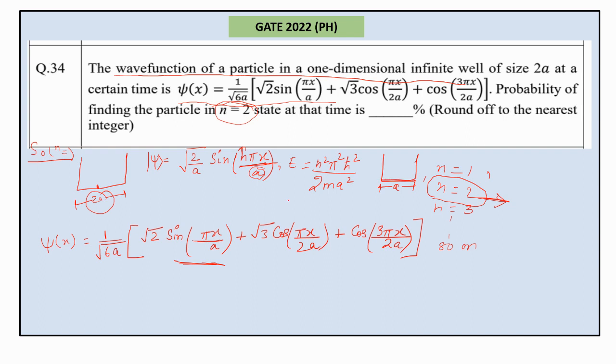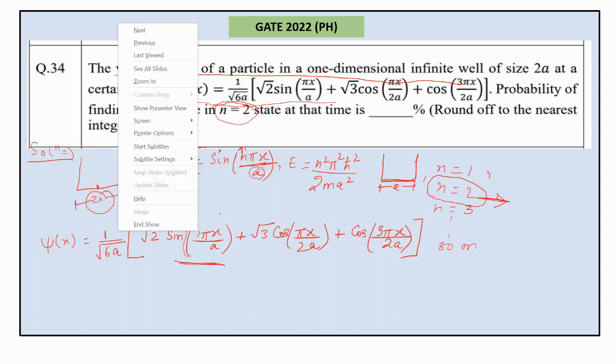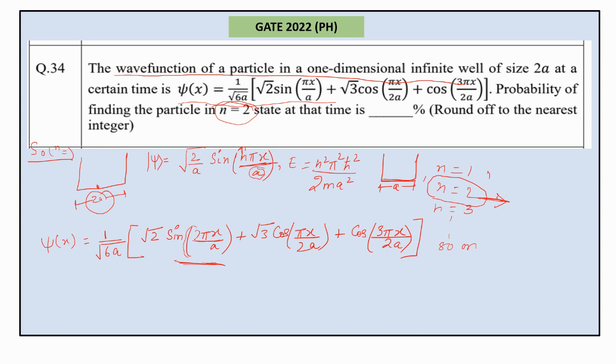See here, I have multiplied by 2 in the numerator and in the denominator also. So match these two brackets, all the terms inside the bracket. This 2a will define the dimension of the well, because here the dimension is 2a, and this 2 will define the n equals 2 state. So you need to find out the probability of finding the particle in this state.